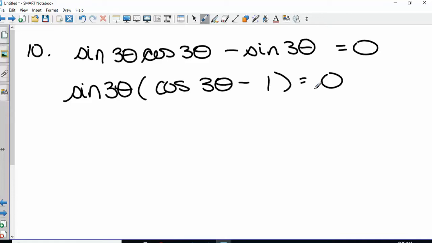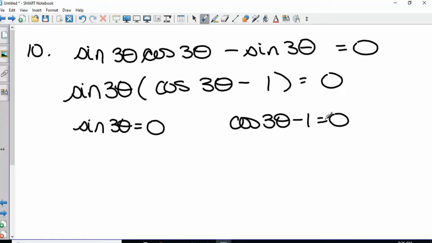Now you have two things multiplied that equal 0, so you set each one of those equal to 0. So, we have sine 3 theta equals 0 and cosine 3 theta equals 1.